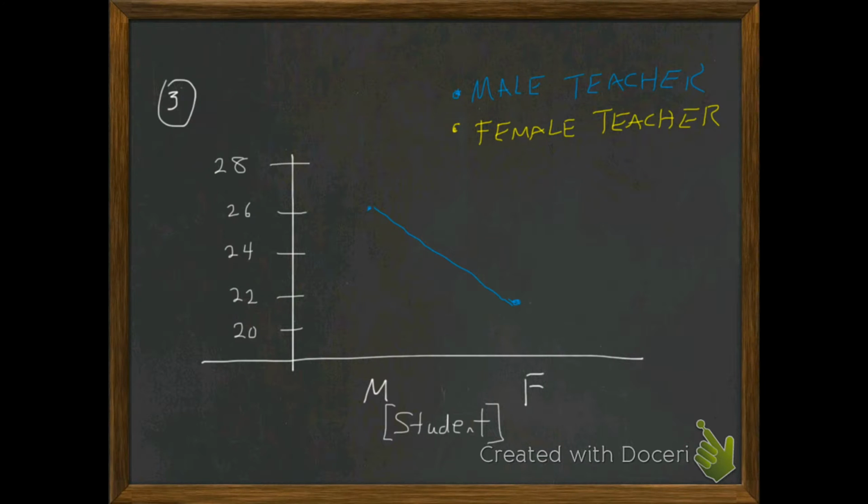Okay, and then we're going to have the yellow line, which is also going to go from 26 to 22.